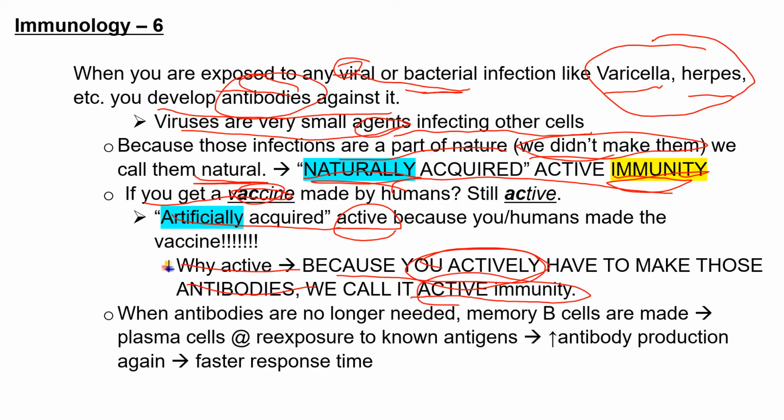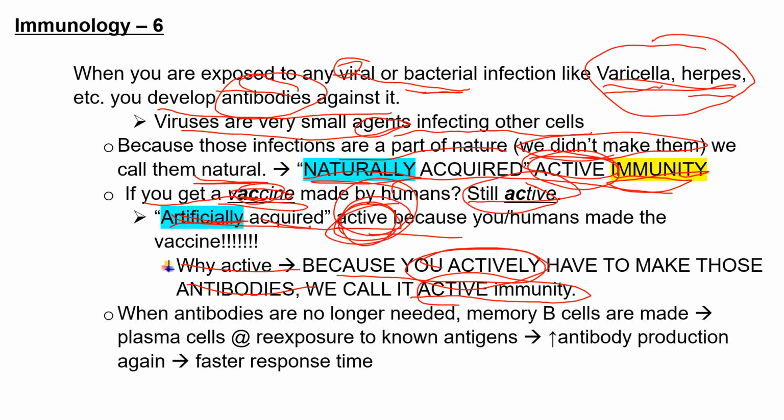So both naturally acquired immunity due to a disease, such as viruses like varicella and herpes, are naturally acquired active immunities. But also when you get a vaccine shot, don't forget that what you have is an artificially acquired active immunity. Don't forget that vaccines give you an active immunity.